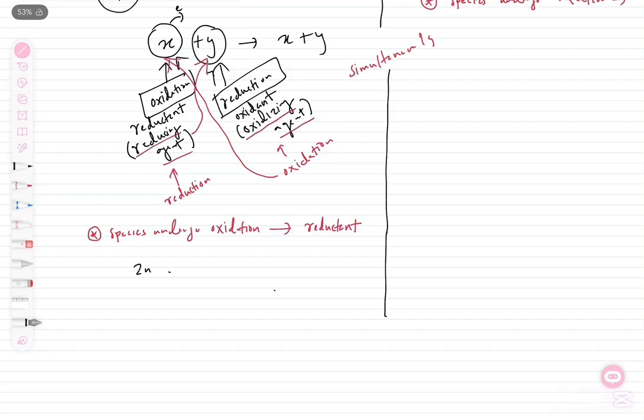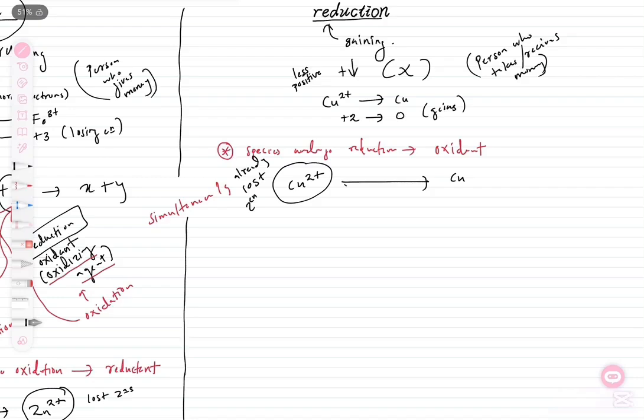Now let me take another example. Here the zinc is losing 2 electrons and becoming Zn2+. This is the normal atom, and it has lost 2 electrons. If it loses electrons, it has undergone an oxidation reaction, which means it acts as a reducing agent. Cu2+ gains electrons and becomes copper, back to normal.